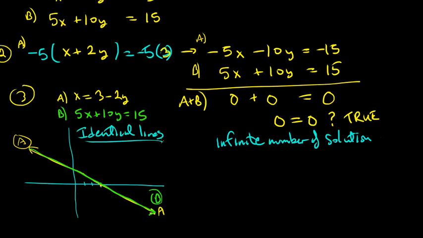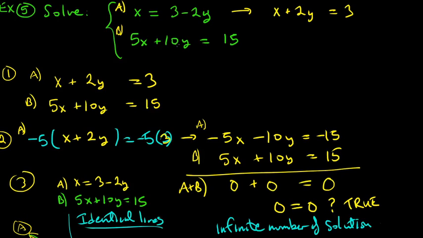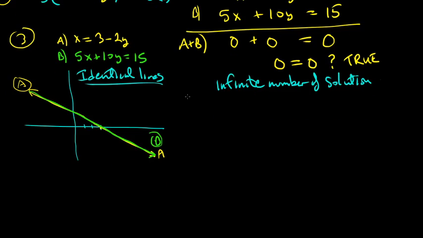Now, when you go back to the original system here, they don't look the same, right? They look different, so they're two different equations, but they represent the same line.